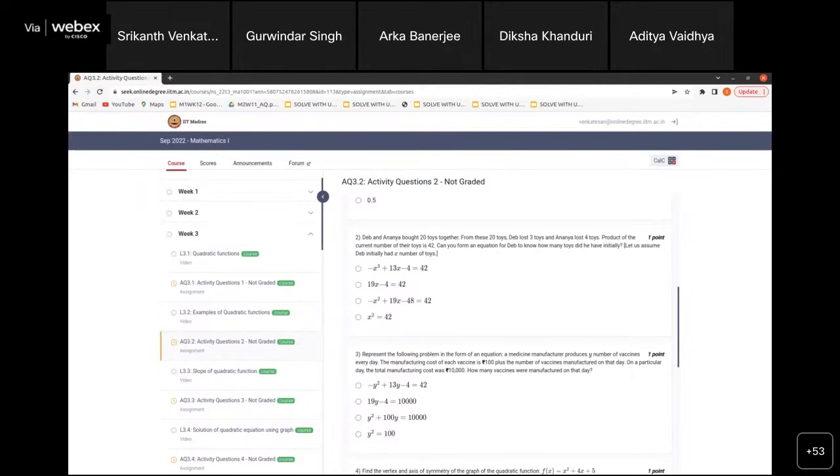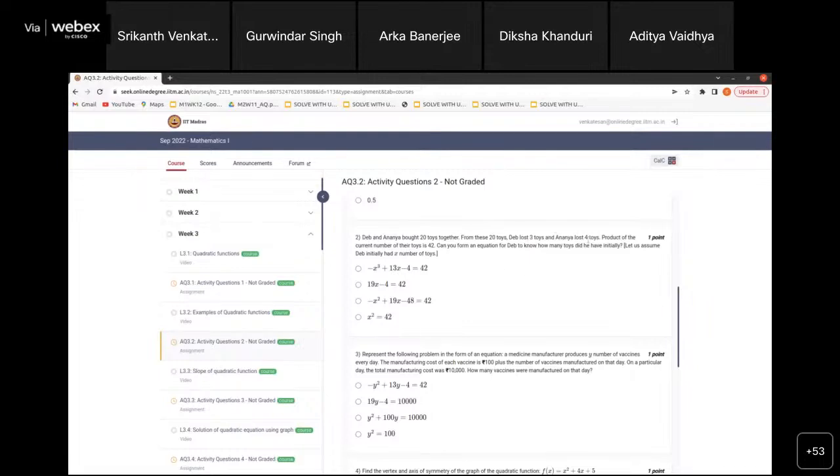In the question itself, let us assume Deb initially has x toys. Then Ananya will have 20 minus x. Out of these x toys, Deb lost 3, so the current number of toys Deb has is x minus 3.